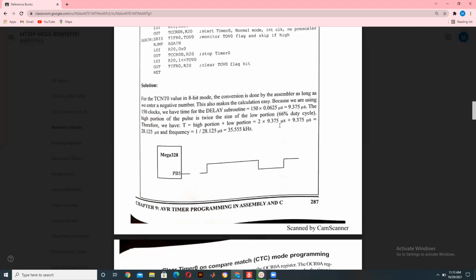We double its values, so the whole period is 28.125 microseconds, and 1 divided by that, we get 35.5 kilohertz frequency.